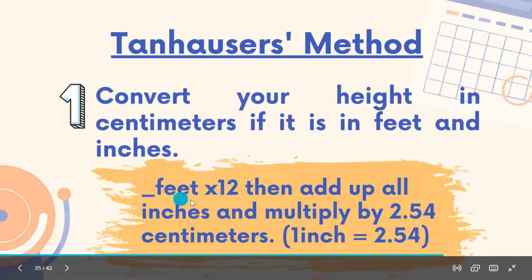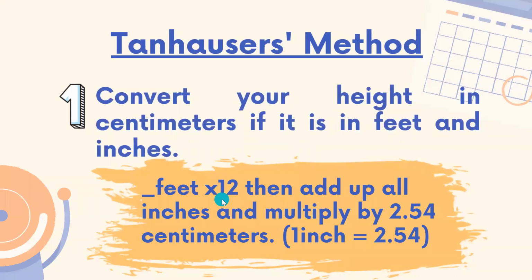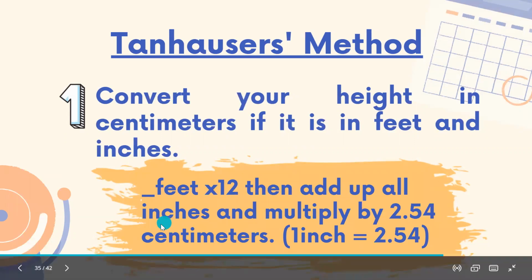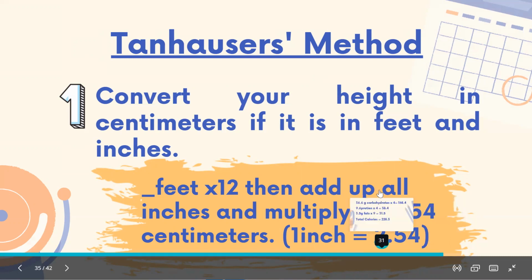Feet times 12, since in every 1 foot there are 12 inches. Then add up all the inches and multiply by 2.54 to convert, because every 1 inch is equal to 2.54 centimeters. Here is the example.